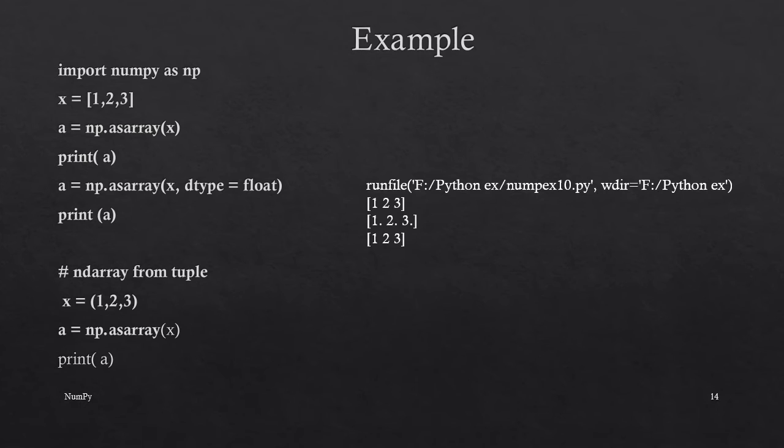The result is an array with elements with floating point values. Here in the second set, again we are creating an n-dimensional array from a tuple. 1, 2, 3 are the elements of the tuple x, and we are creating an n-dimensional array from this tuple and assigning it to a and printing the value. So this is how we can create an n-dimensional array from existing sequences like list, tuple, etc.